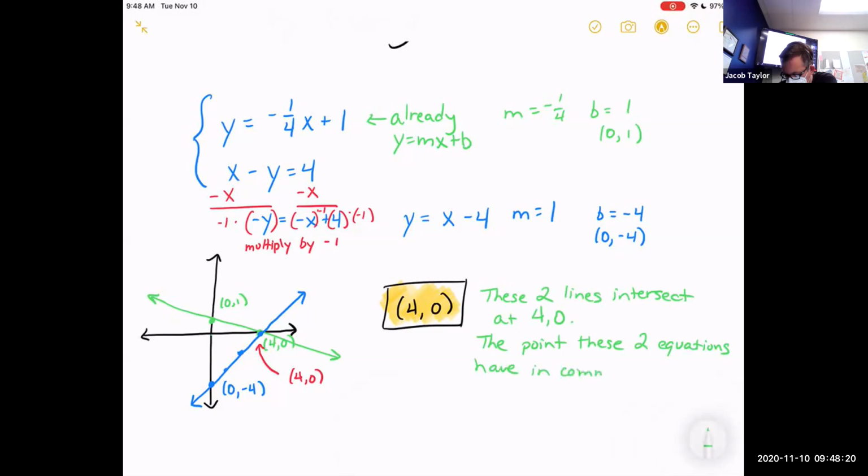So 4, 0 is the solution to this system of linear equations. And the reason it's the solution is because when I graphed these two lines, they crossed in one spot, and that one spot was 4, 0.